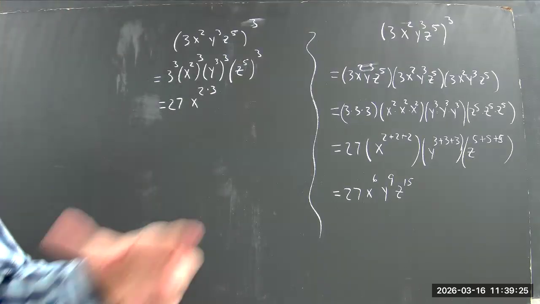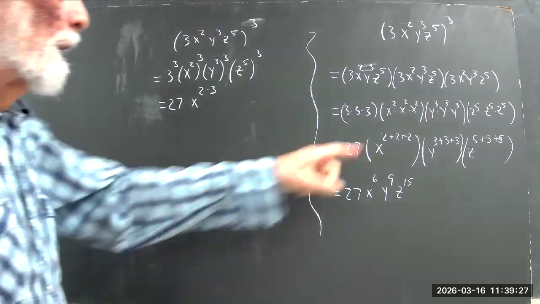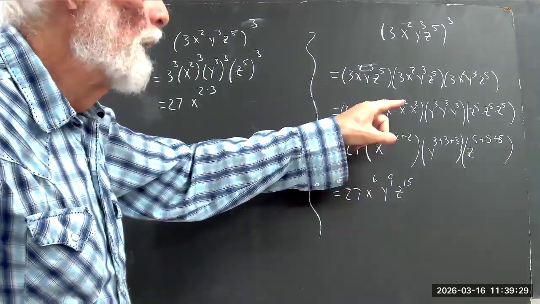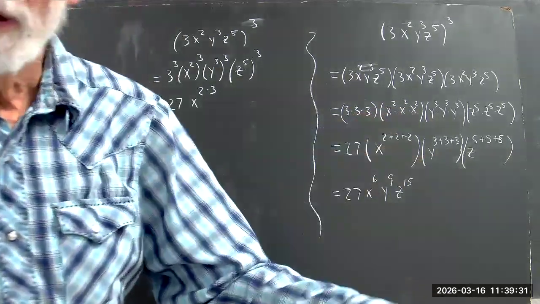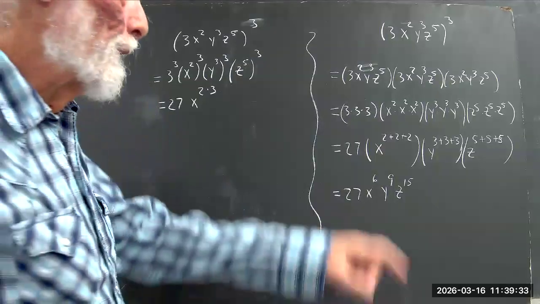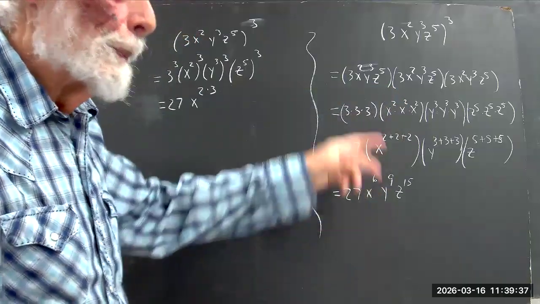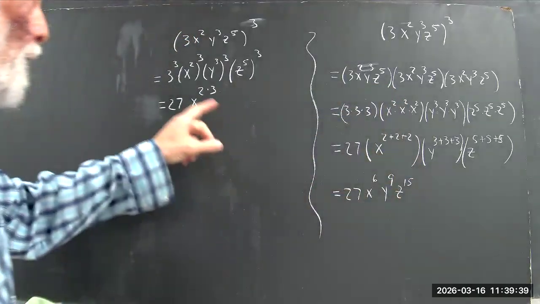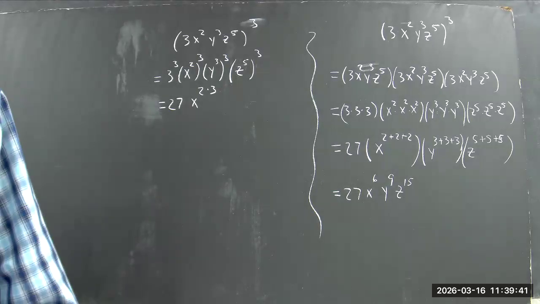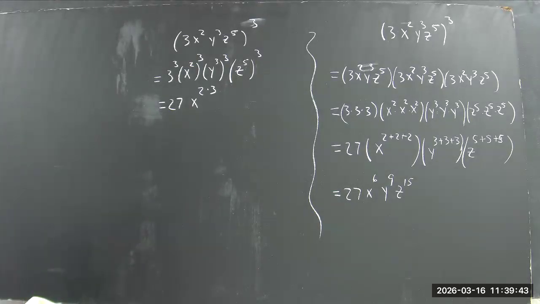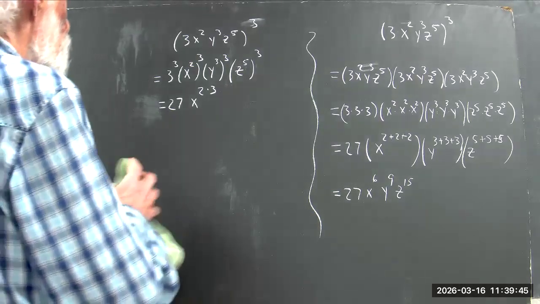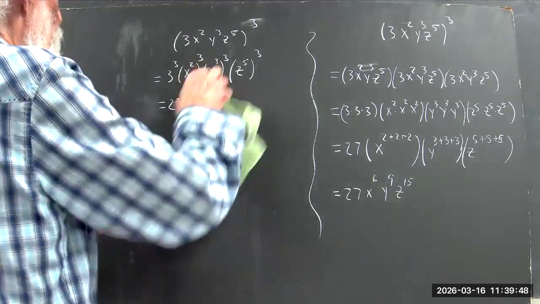Why is it x to the 2 times 3? Well, here's x squared cubed. X squared times x squared times x squared. That's what x squared cubed is. And we see that that's going to be x to the 2 plus 2 plus 2. But 2 plus 2 plus 2 is 2 times 3. Okay? And actually, I'm going to change the order of that. It doesn't matter.